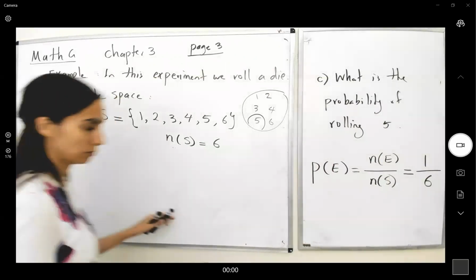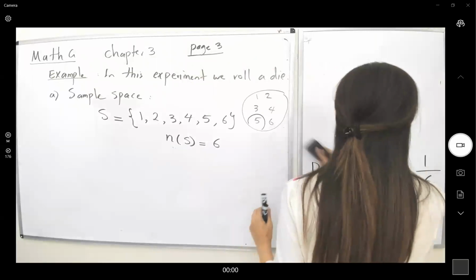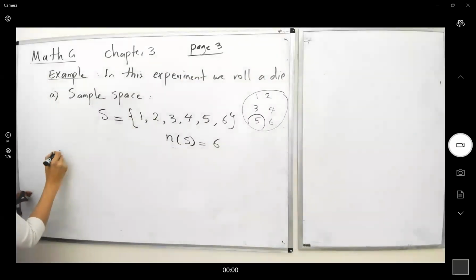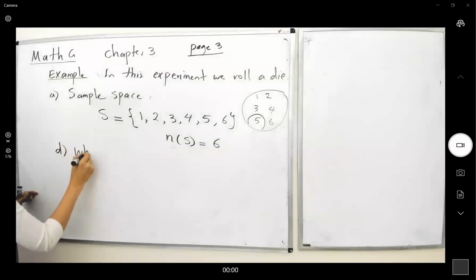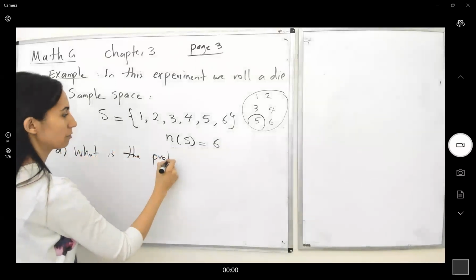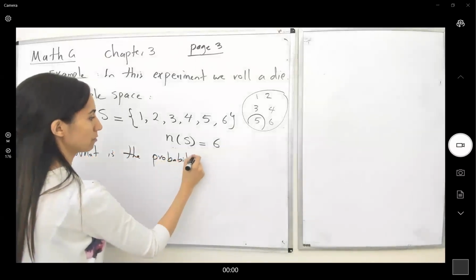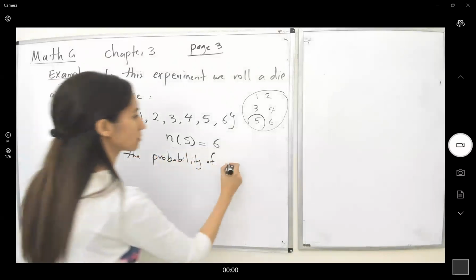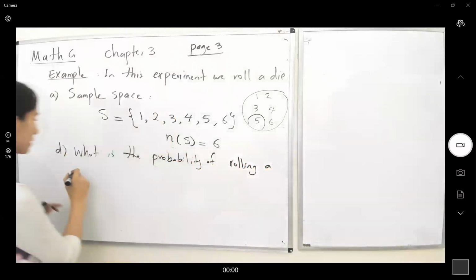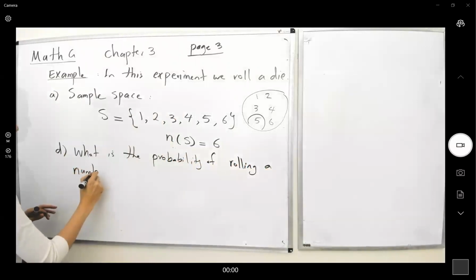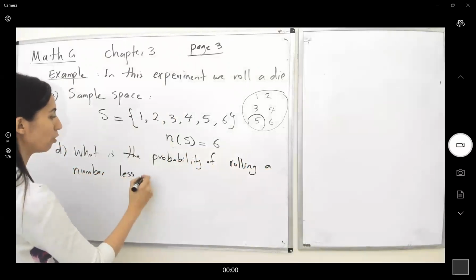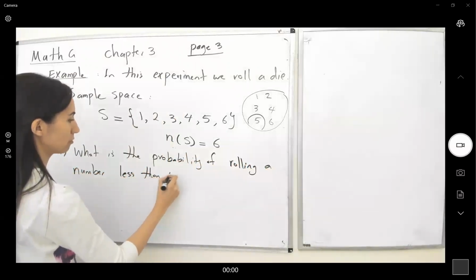This is D. What is the probability of rolling a number less than 5, below 5?